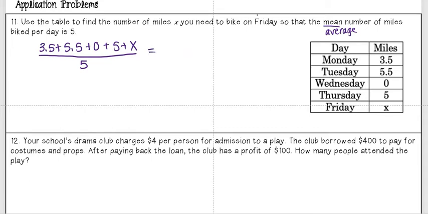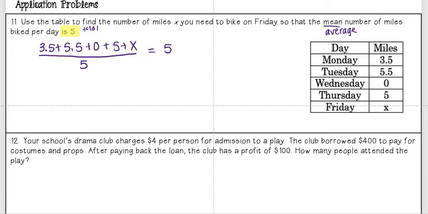It's equal to, and it says I want to find the number of miles X so that the mean is 5. So that's my total that I want it to be. So I want this equal to 5. And so now I've set up an equation, and we've already looked at one that looks just like this.